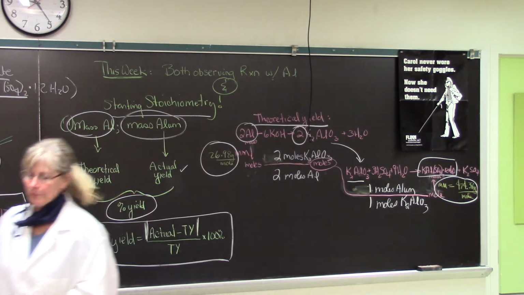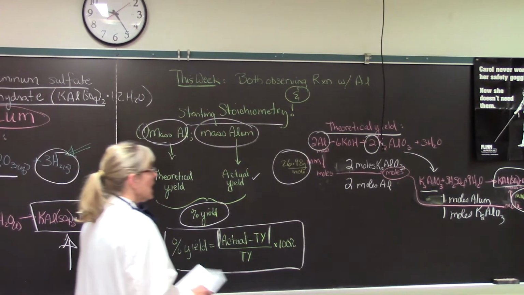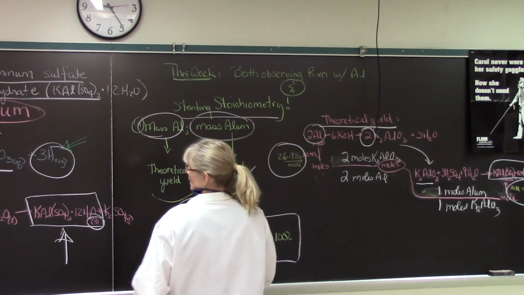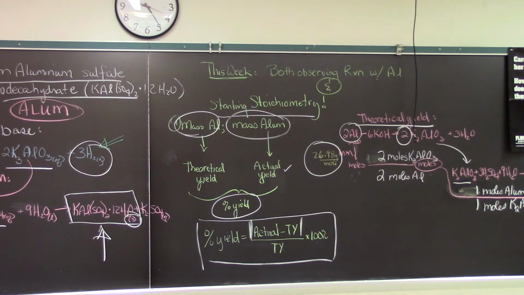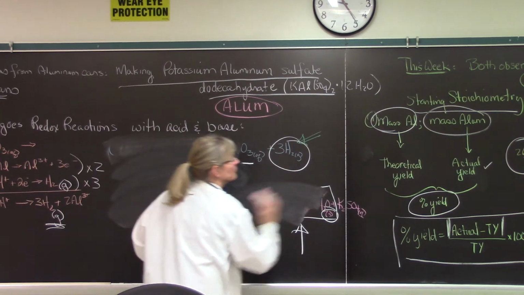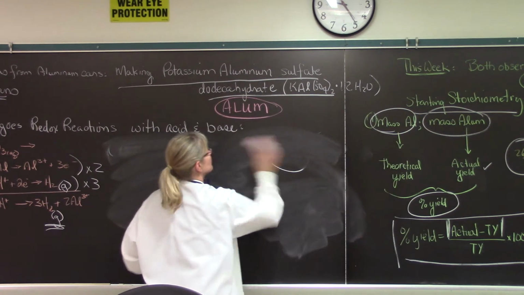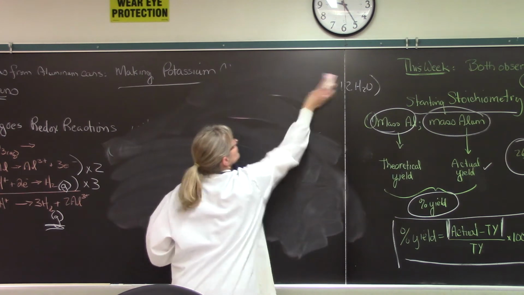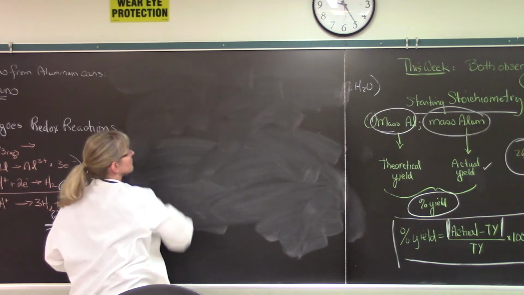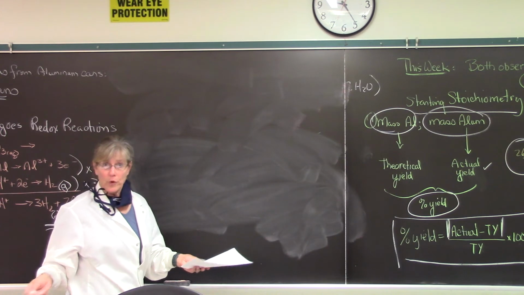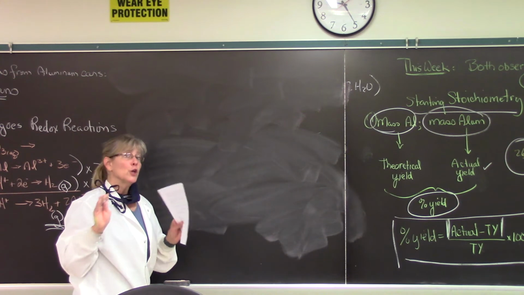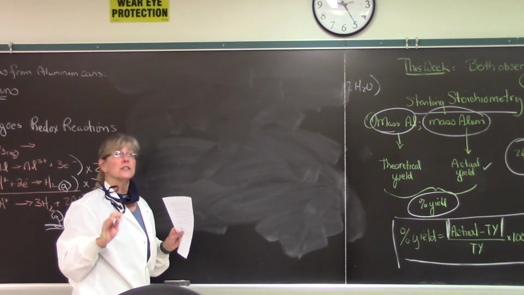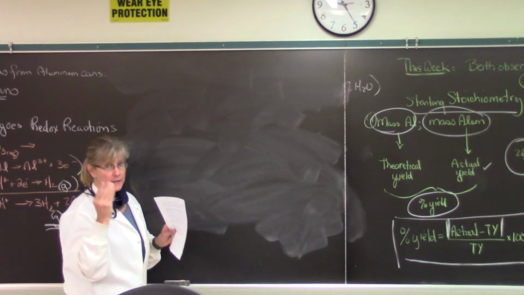So let's do an example of this. I'm going to start with, you're supposed to be starting with about 0.3 grams of aluminum, but you're going to be massing this on the analytical balance, so 4 decimal places.